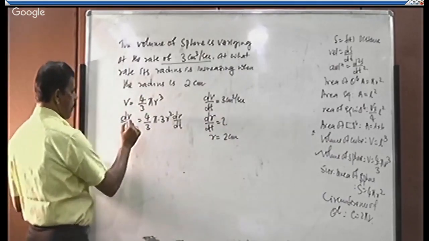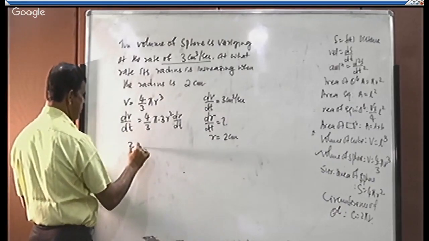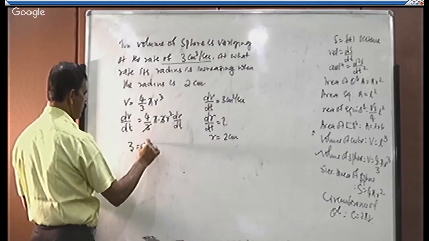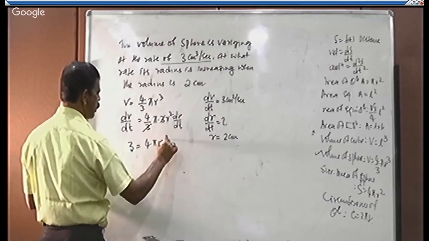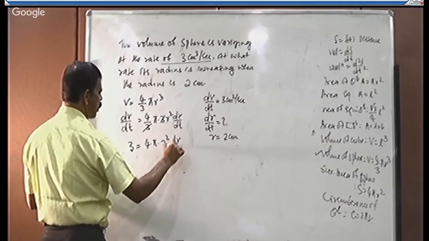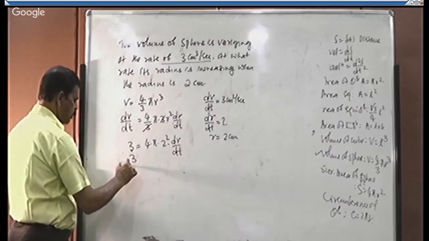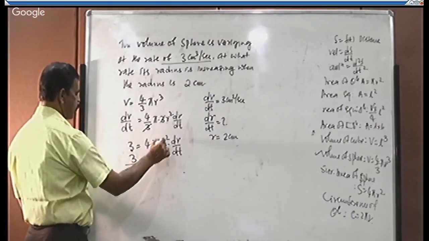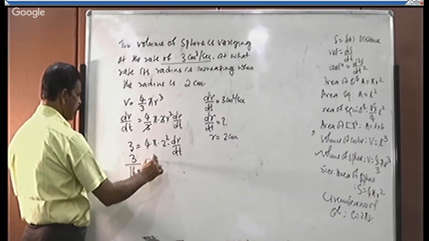Here, substitute the given values. dV by dt is 3, equal to 4 into pi into 2 square into dr by dt, which we have to find out. 3 and 3 get cancelled. 3 divided by 2 square is 4. 4 into 4 is 16 pi equal to dr by dt.